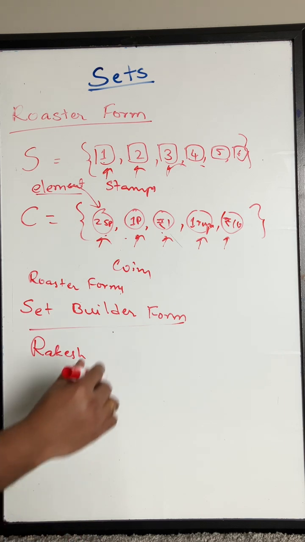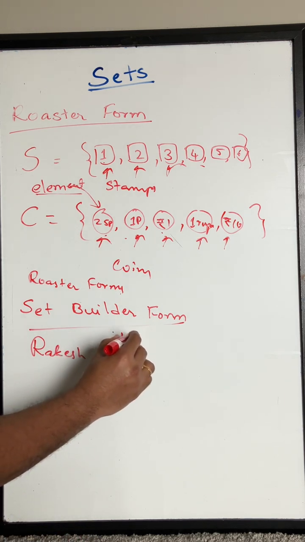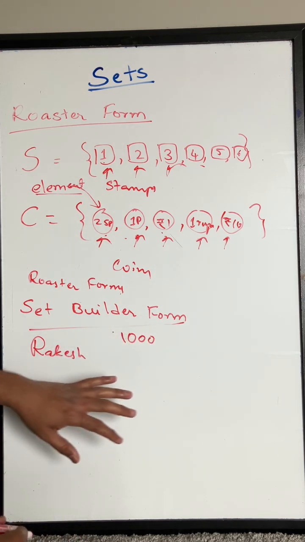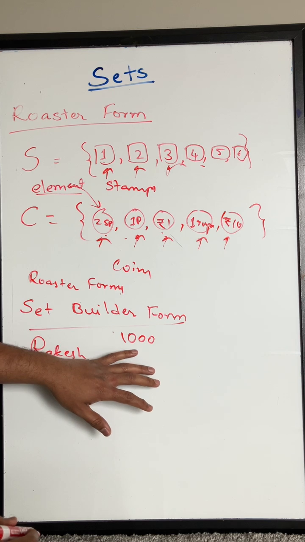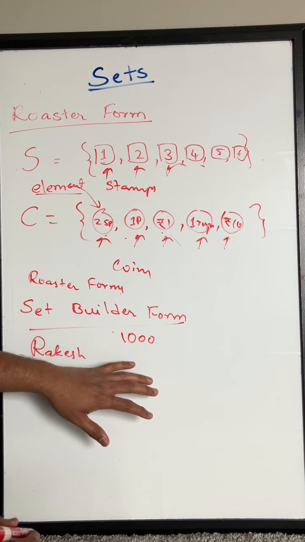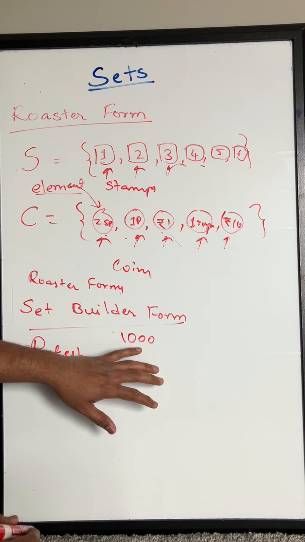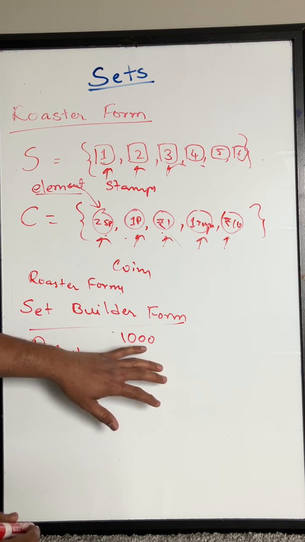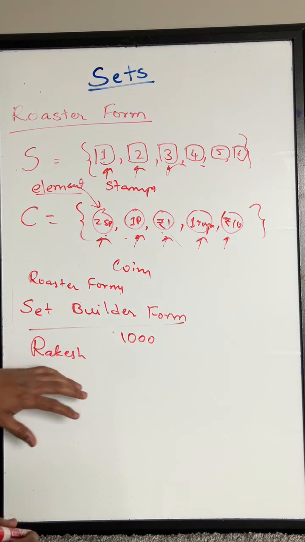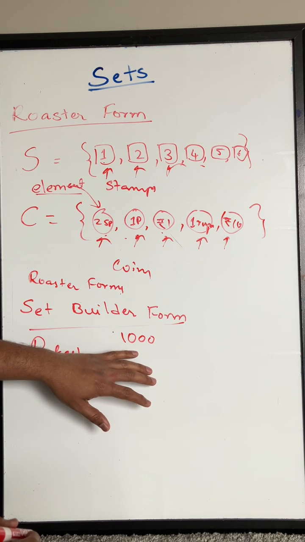For example, India released 1,000 stamps. Whenever India releases a new stamp, he goes to the postal office, pays money and gets the stamp. So think that my friend Rakesh has all 1,000 stamps.